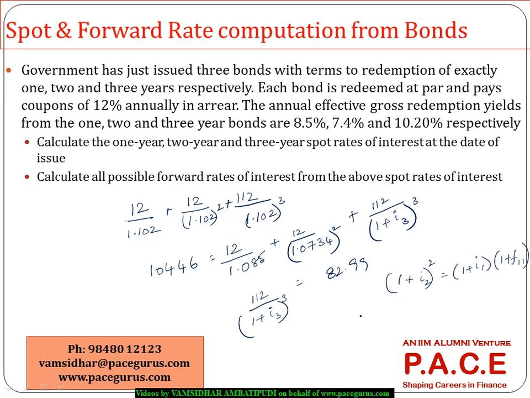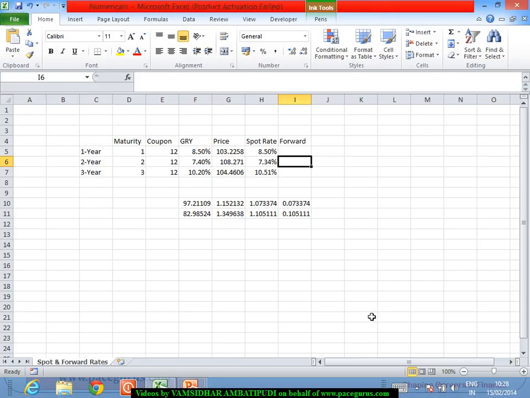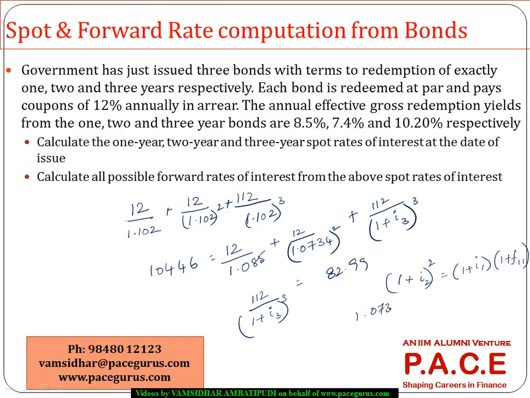So 1.0734 squared is equal to 1.085 times 1 plus the forward rate.